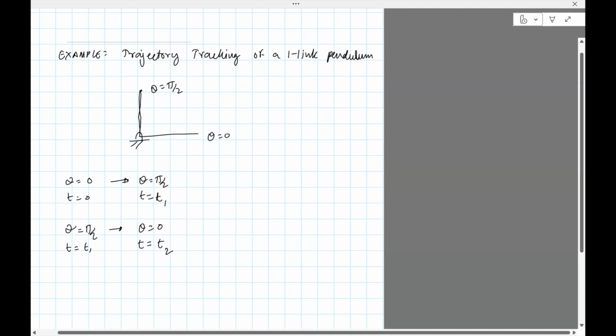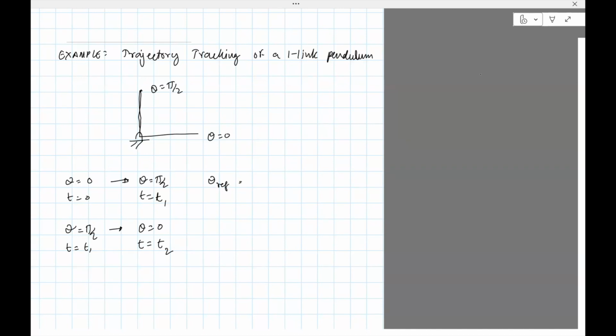And then for each of those curves, I would have something like this: theta ref equals a0 plus a1t plus, same thing here. Maybe I should put a different constant. Let me just put different constants so it's not confusing.